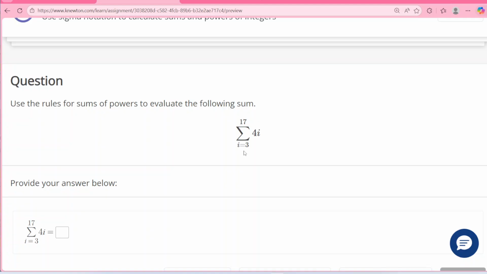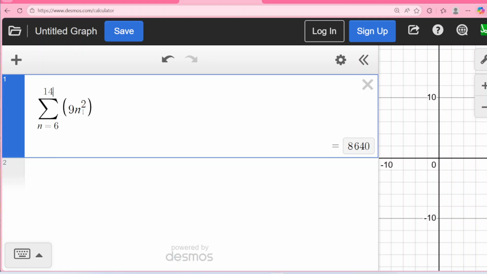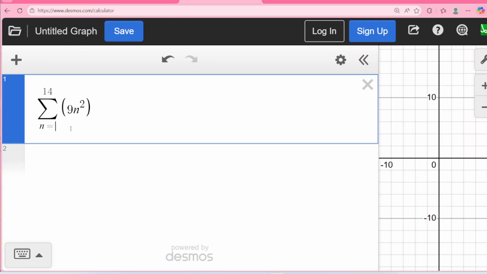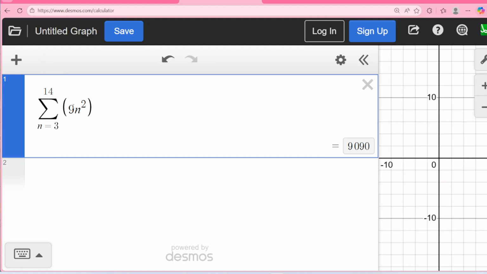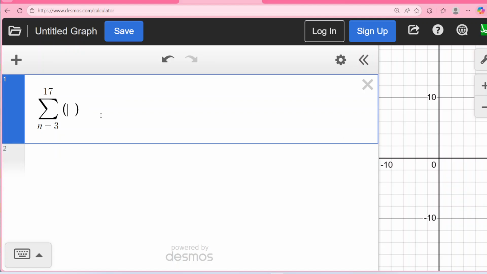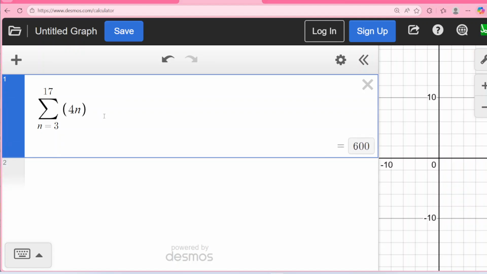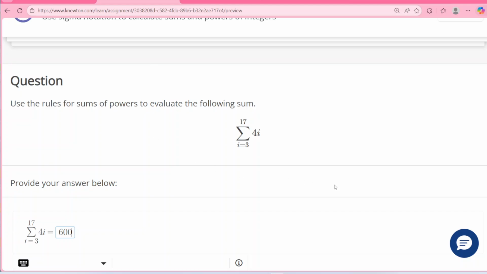So again, 153, then minus 1 and 2, so minus 3, 150. This is 4 times 150, which will be 600. And I did a lot of mental math there. Let me just double check that. So this was from 3 to 17 of 4n. Yeah, 600. Very good.